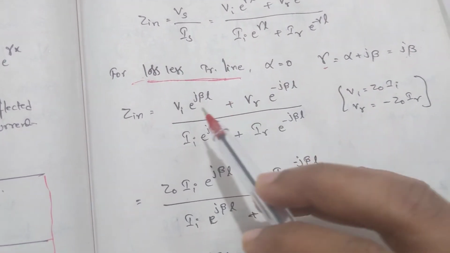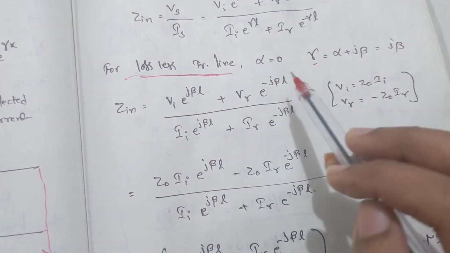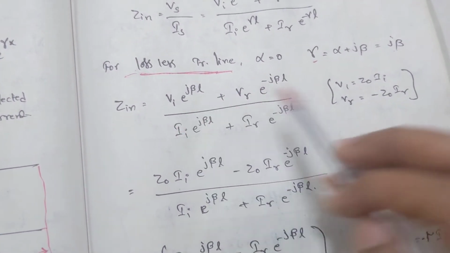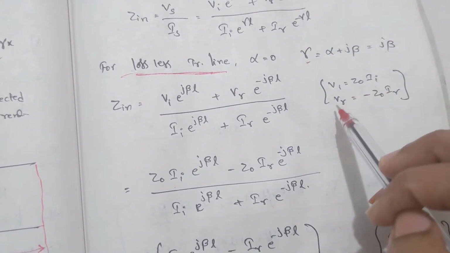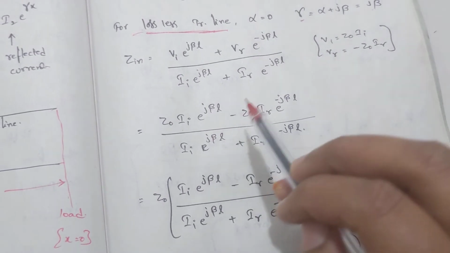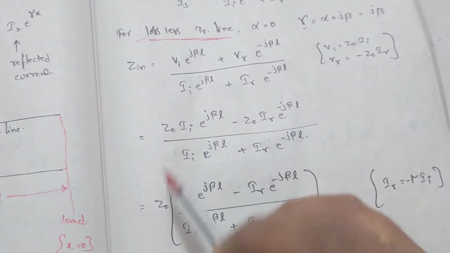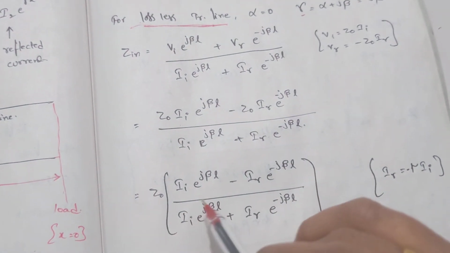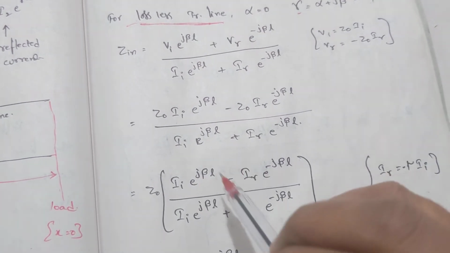We replace those values and take this common in the current equation. So Vi is replaced with Z0 II and Vr is replaced with minus Z0 IR. Once you get this, you can take Z0 common. Now we have the expression in terms of currents.